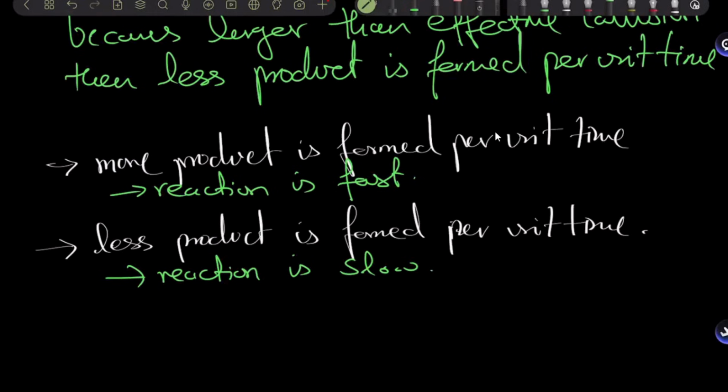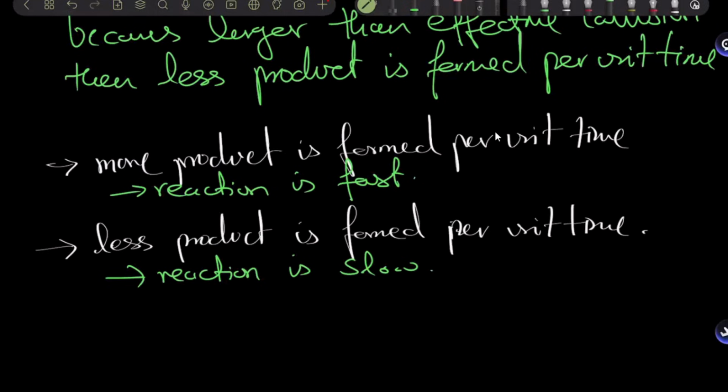So can I use alternate phrasing for this? Can I say more reactants are consumed per unit time in a reaction that is fast, right? Because if a reaction is fast, that means more reactants are being consumed in order to produce more product in the same amount of time.